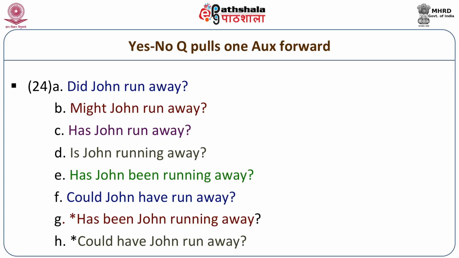We move the first member of the auxiliary set to the front of the sentence if we are asking a question. The questions we have considered so far are of one particular type. They are called alternative questions. The popular term people frequently use is yes-no questions, because they often elicit a yes or no answer.